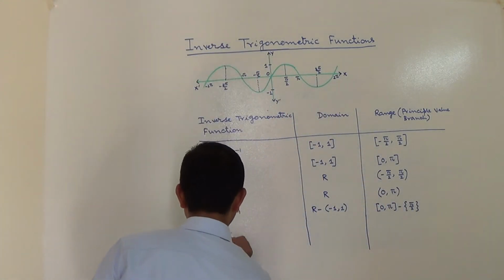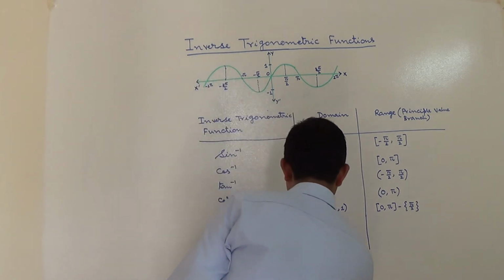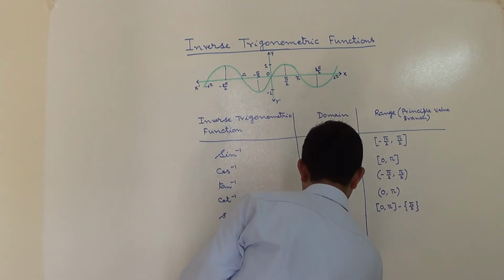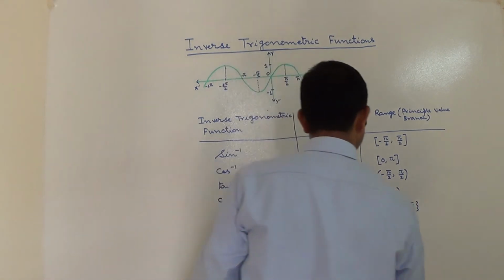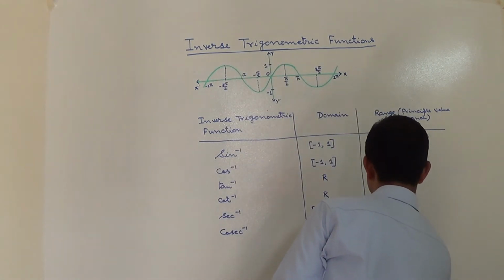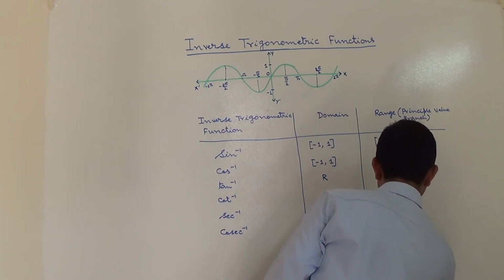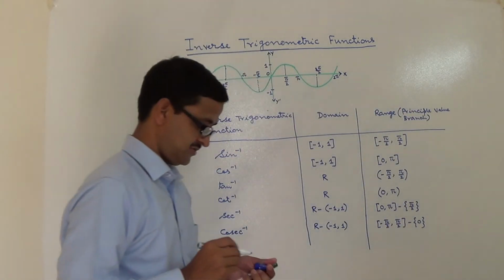And cosec inverse, its domain is similar to sec inverse, that is the set of real numbers minus the open interval -1 to 1, and its range is the closed interval -π/2 to π/2 excluding the value 0. So we give it the set notation.